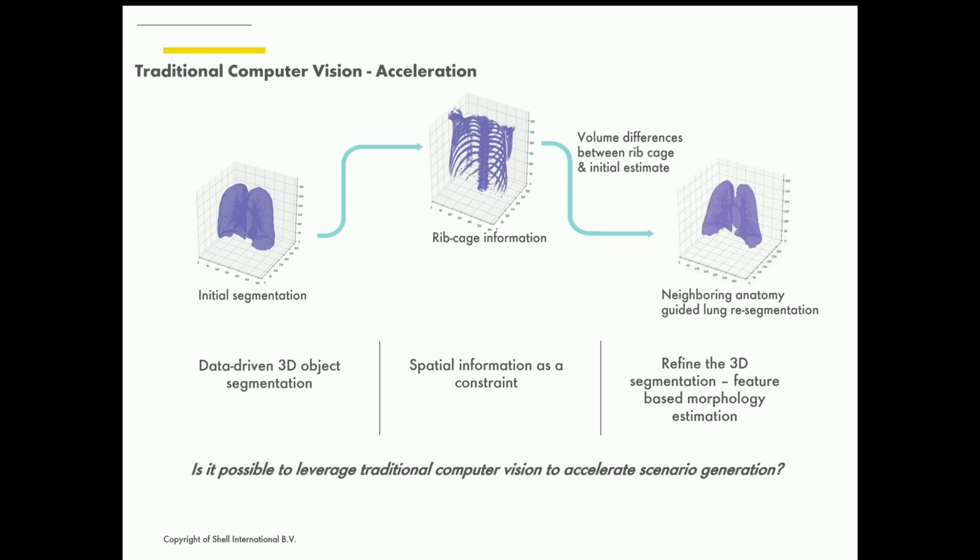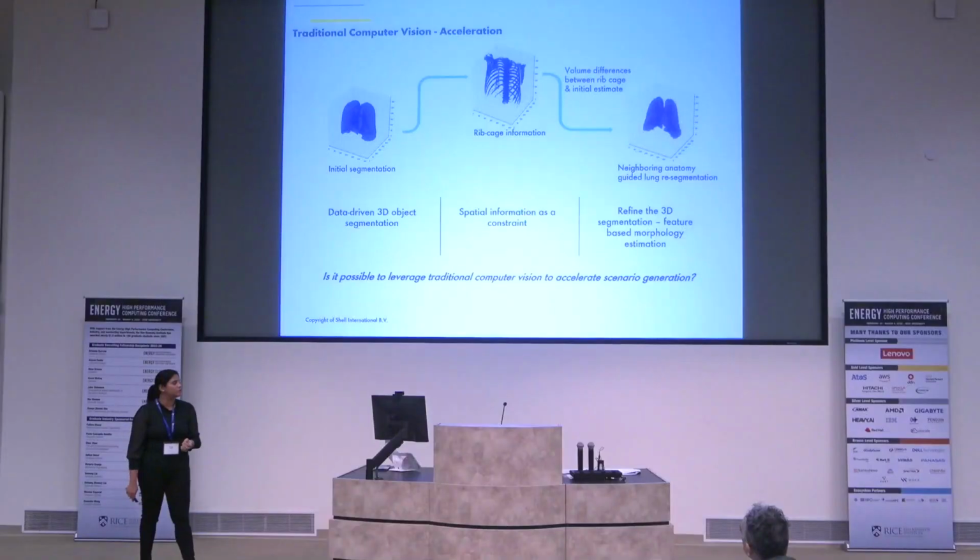So what that allows you to do is give you a spatial context within which your lung should exist. And then you go further and bring in pathology-specific information driven by the data. And now you will basically refine your segmentation within this spatial context and within this data context. So can we do something very similar, use very similar building blocks for accelerating scenario generation?